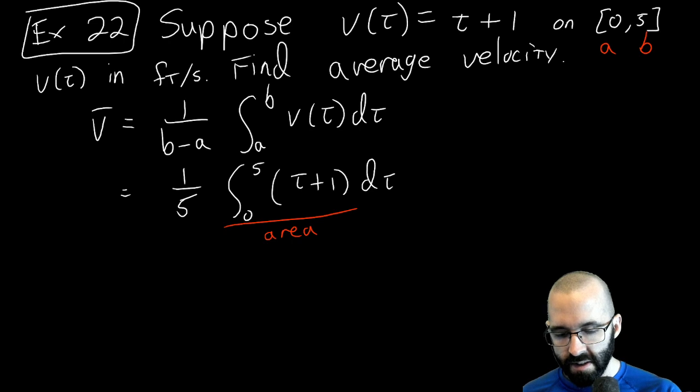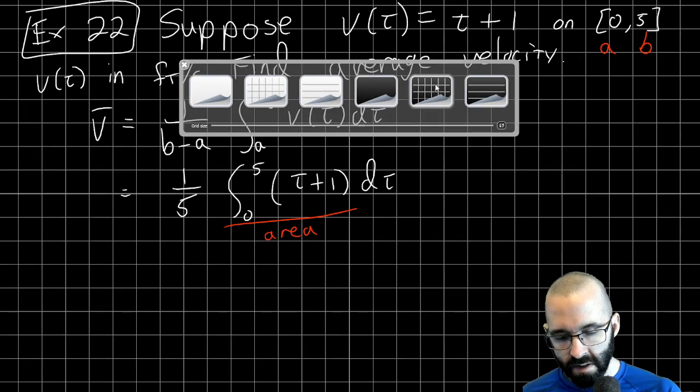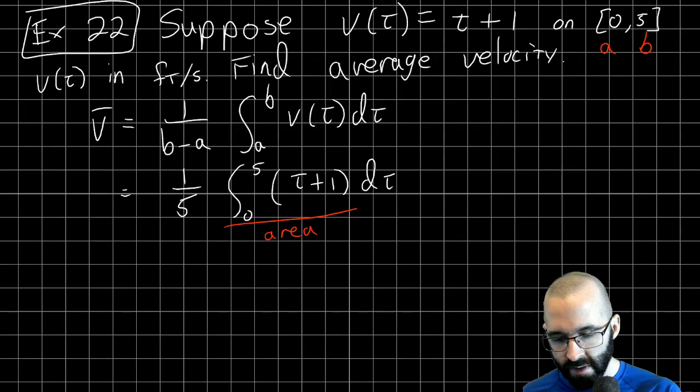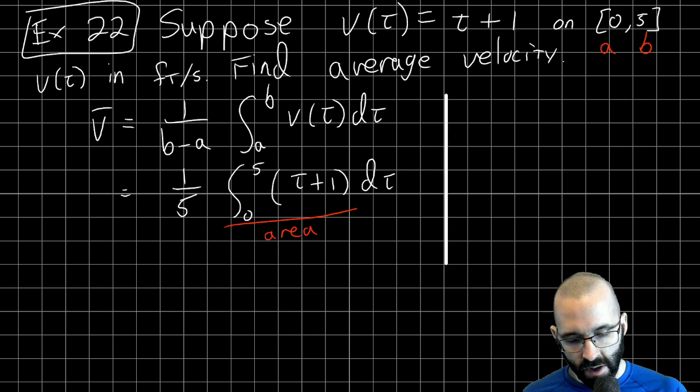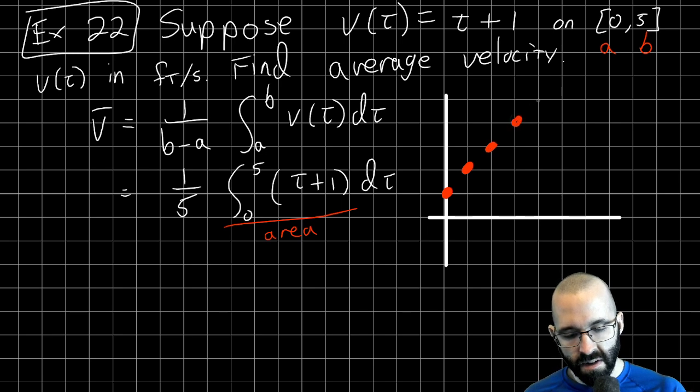Let's visualize it. We go over here. And t plus 1 is just the line. Slope 1, y-intercept 1. We're going up to 5. So this is what our velocity function looks like.